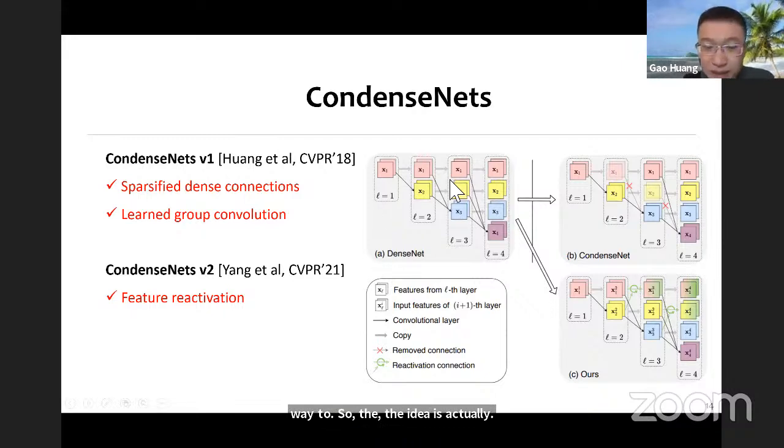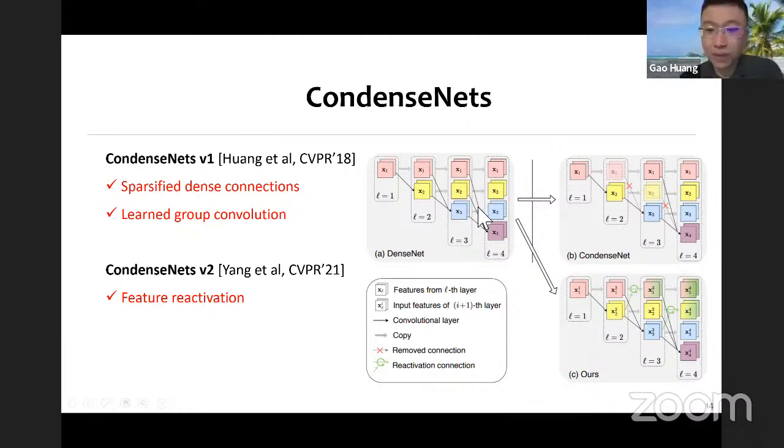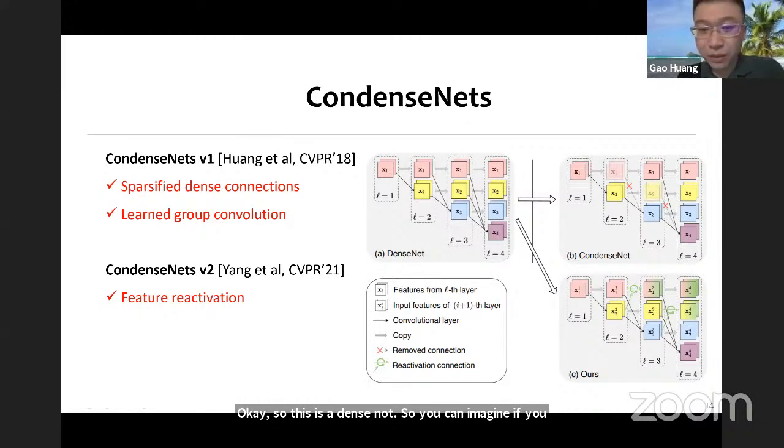In DenseNet, as shown in the first figure, in every layer you reuse all the features from previous layers. You can imagine if you have a 100-layer model, then the 100th layer will use all the features from the previous 99 layers, which are superfluous and may have much redundant information.